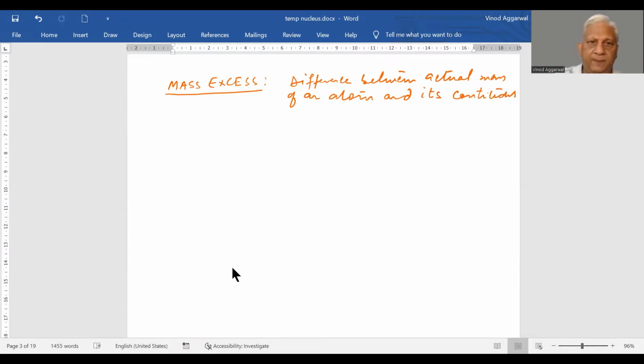Meaning thereby, we have a nucleus where we have protons and neutrons. For example, let's take A dash as the atomic mass number.